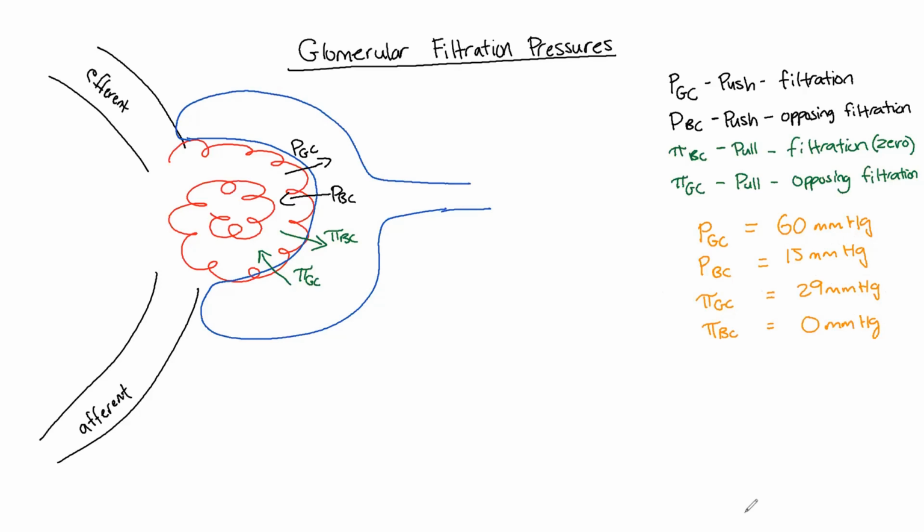And so we're going to plug in the same equation that we did for our net filtration across the capillary bed, but here we're going to call it a different term. This is called the glomerular filtration pressure. So the glomerular filtration pressure is equal to our filtration forces minus our forces that oppose filtration.